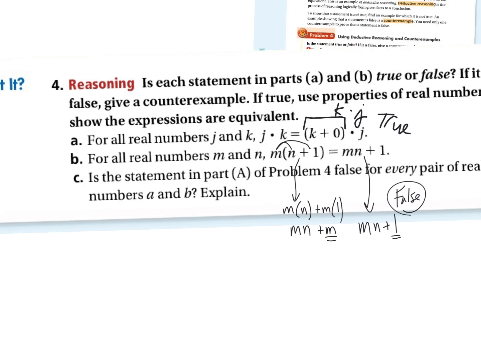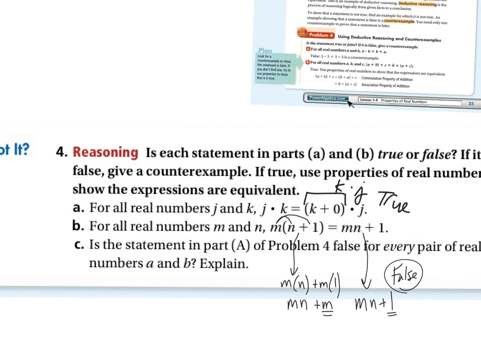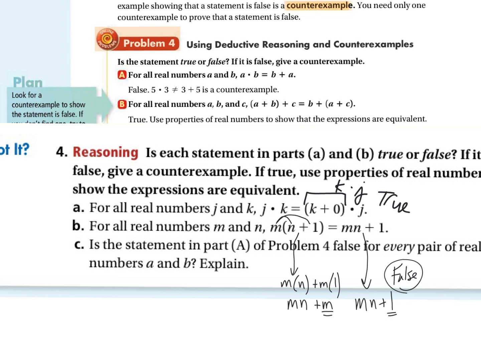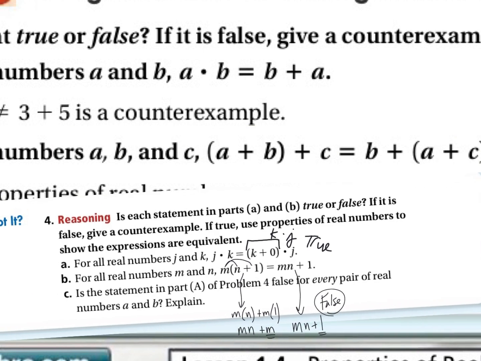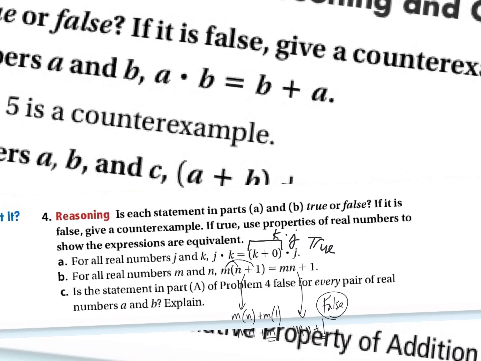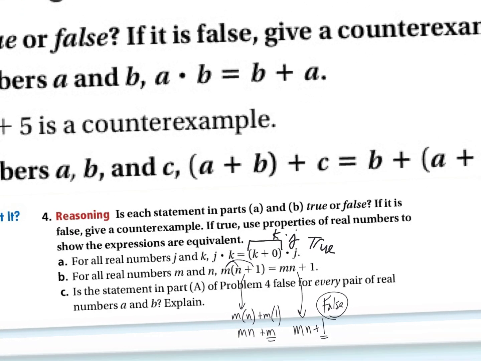And part C, they're wanting us to go back to problem 4, not number 4, Got It 4. So it's asking if that's false for every pair of numbers a and b. So that's going back to this one, a times b equals b plus a. So we proved that this was not always going to work, but the question is, will it ever work?